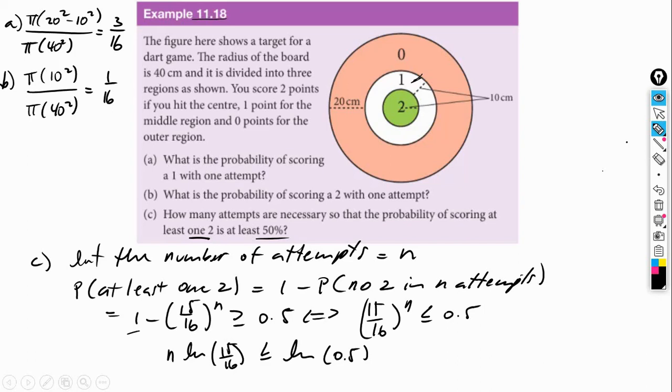And then this is simply going to be that n will be greater than or equal to the natural logarithm of 0.5 divided by the natural logarithm of 15 over 16. Now, why did we switch this? Because the natural logarithm of 15 over 16 is negative. And then finally, we're going to get that n will have to be greater than or equal to 10.74. So that means 11 attempts.